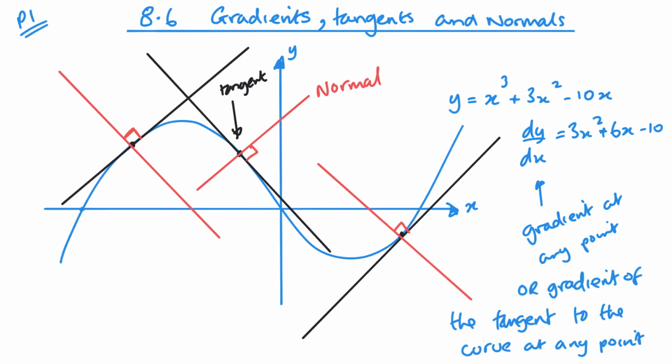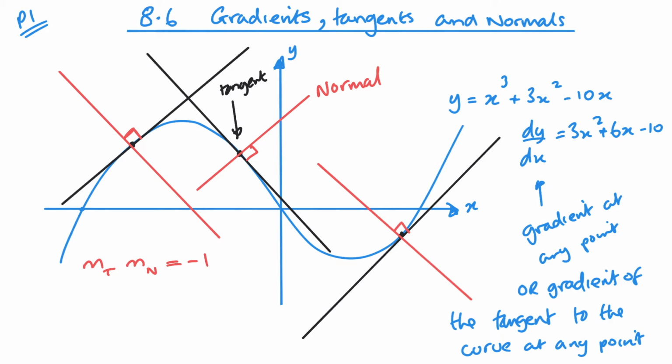Now, from unit 5, if you remember, perpendicular lines will have a gradient of 1 over the other line's gradient with the sign changed, because what I'm essentially looking at is that the gradient of the tangent multiplied by the gradient of the normal will always equal -1. So if I've got a tangent that has a gradient of 2, for example, my normal will have a gradient of -1/2.